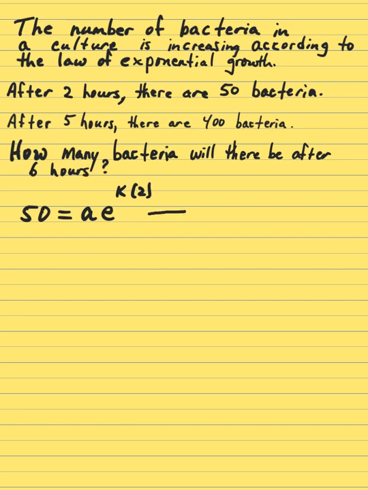Okay, so solving for A, A is equal to 50 divided by e to the 2k. The second line of information, after 5 hours there are 400 bacteria, allows us to write this one. 400 equals, we don't know A, but we have A solved in that step.